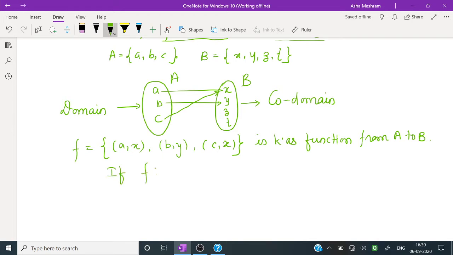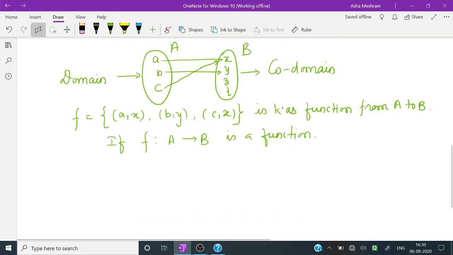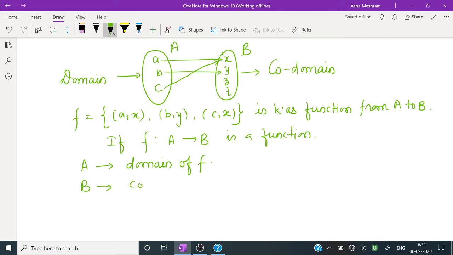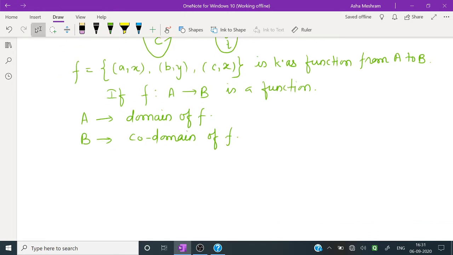If f is a mapping from A to B, a function, then the set A is known as the domain of f, and B is known as the codomain of f.